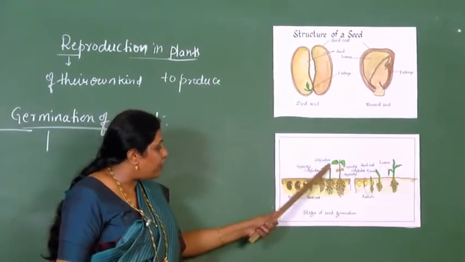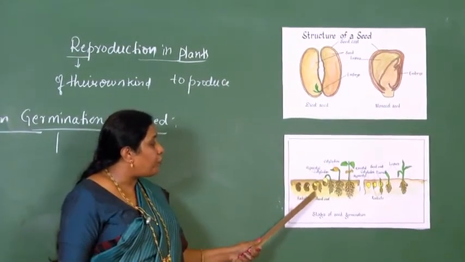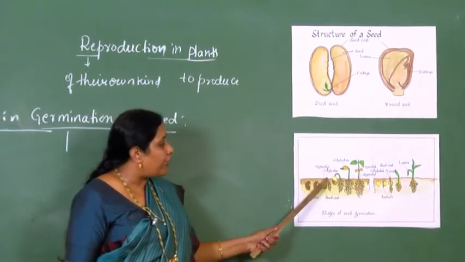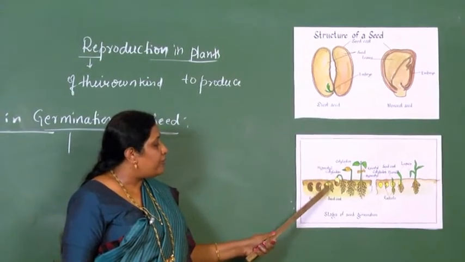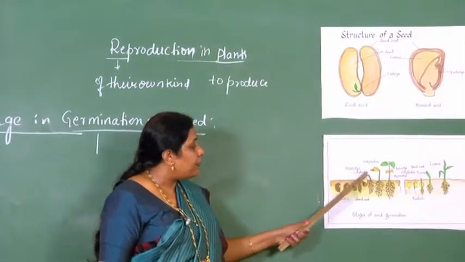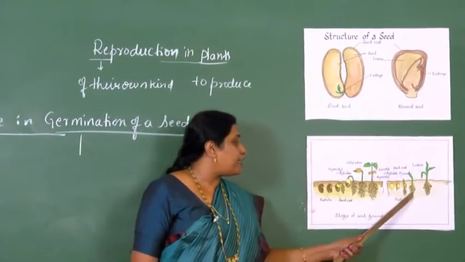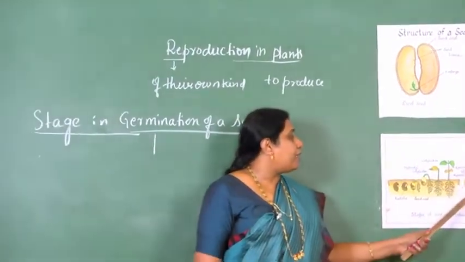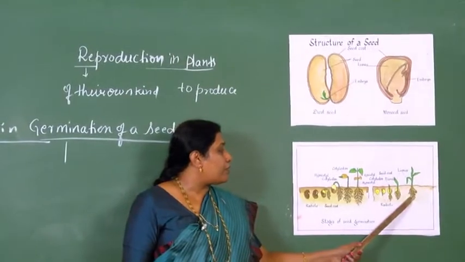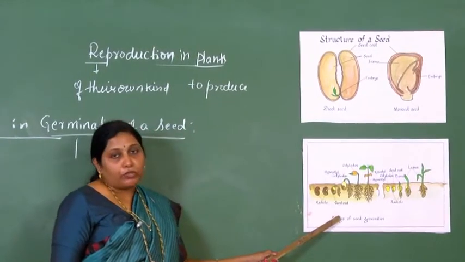In hypogeal germination, the cotyledons remain inside the soil, while in epigeal germination the cotyledons are pushed above the soil.